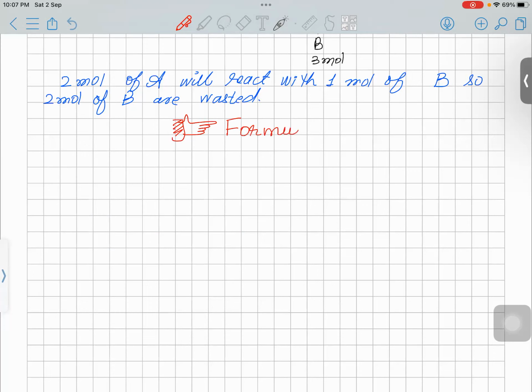What is formula? Any idea about the formula? Sir, it's like a rule which tells us how things work, like an expression.